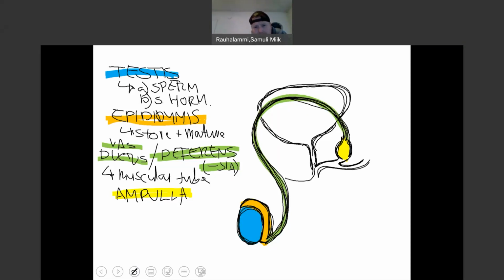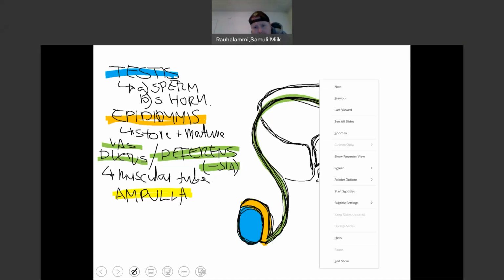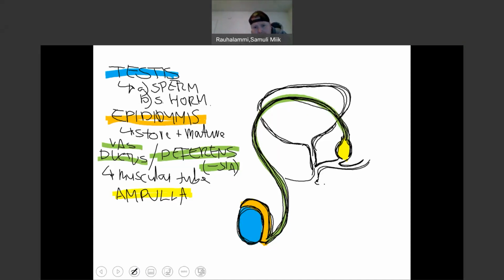But what's going to be important is that after that, the rest of the tract is actually shared by the reproductive and urinary system. So that's going to be, of course, our urethra that we're really familiar with. So let's just label these.